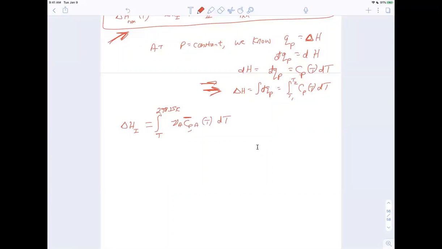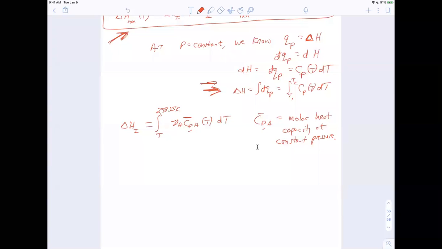Okay, everyone follow that? So now Cp A is equal to the molar heat capacity at constant pressure for species A, and likewise for all the other species. So delta H1 is just that.